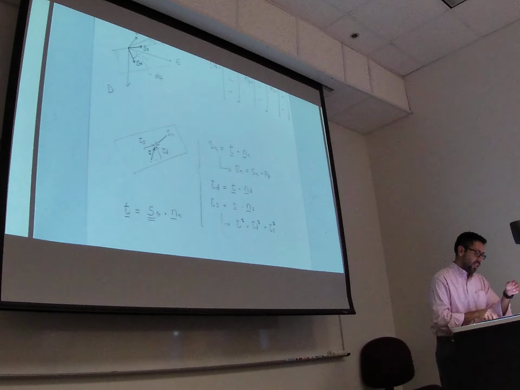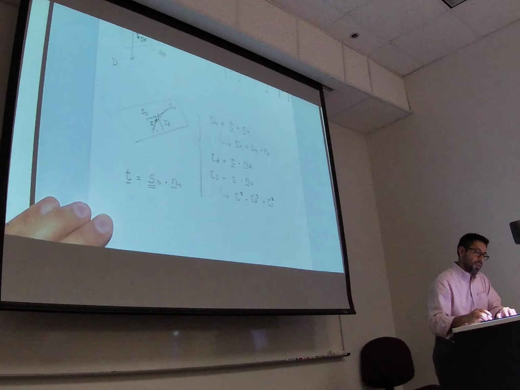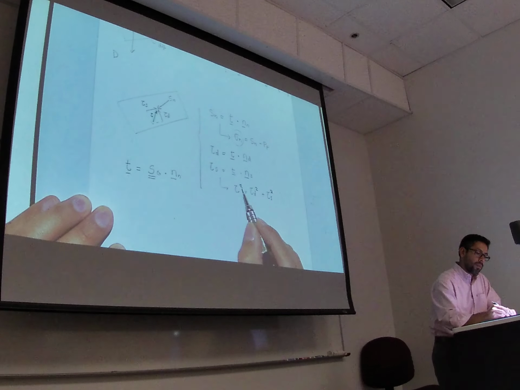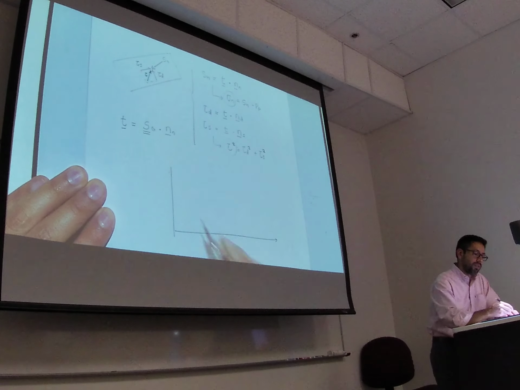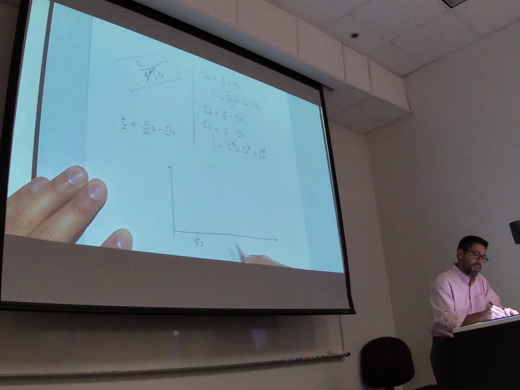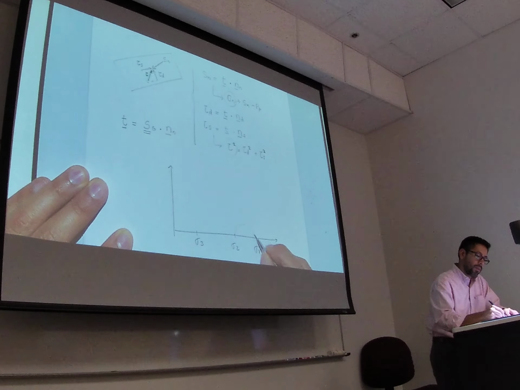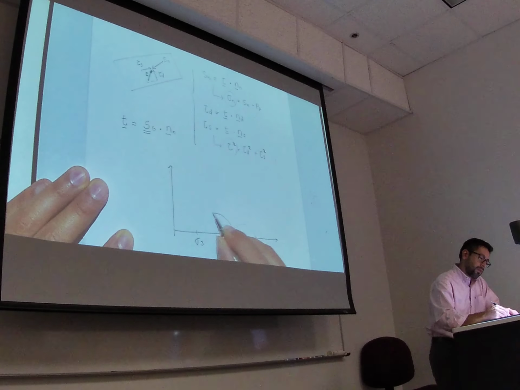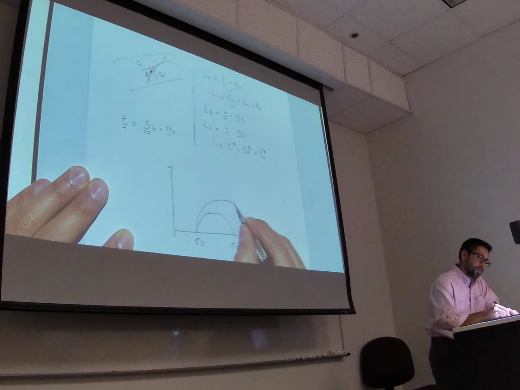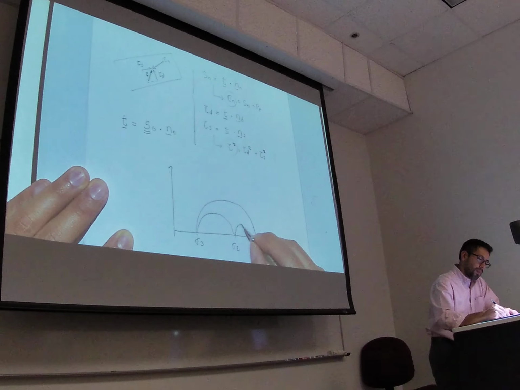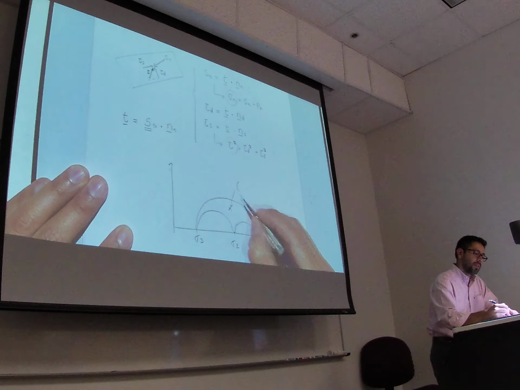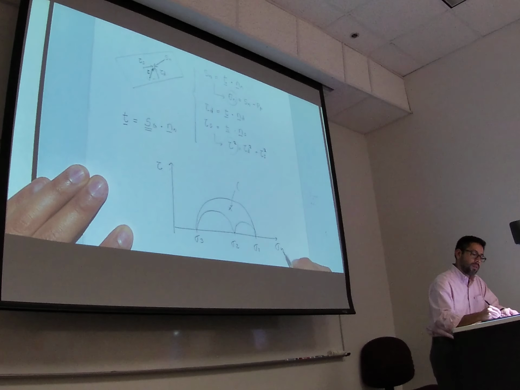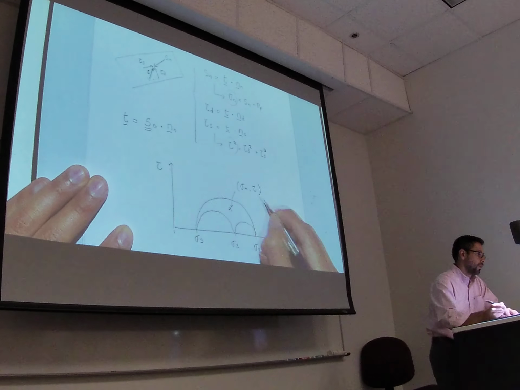So, coming back to the 3D Mohr circle, these two values were the ones that, for a given state of stress, sigma 3, sigma 2, sigma 1, you have to calculate and were inside these three circles, sigma n and tau.